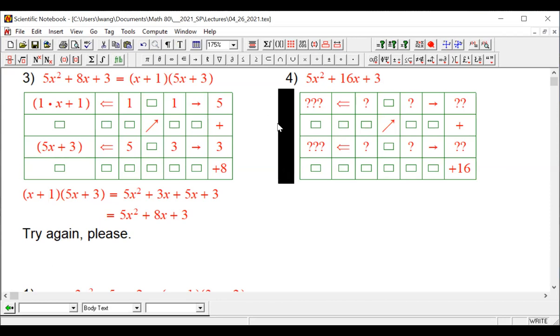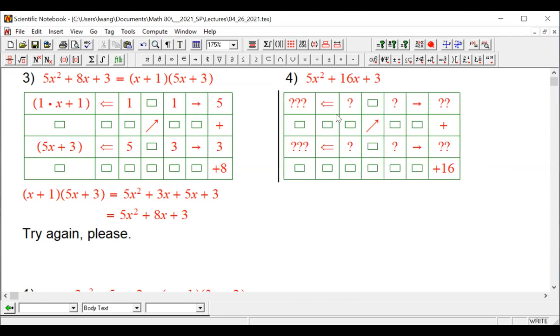So how about the second one? How about number 4? Did you find the factors for number 4? Keep trying.